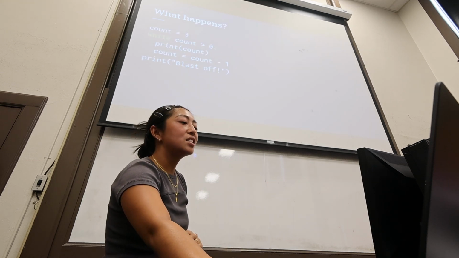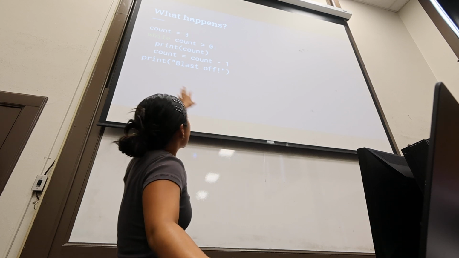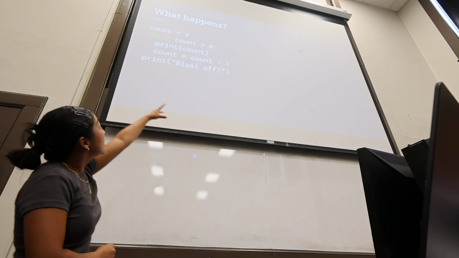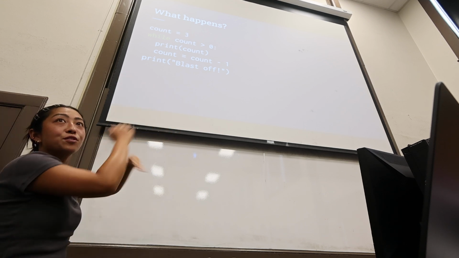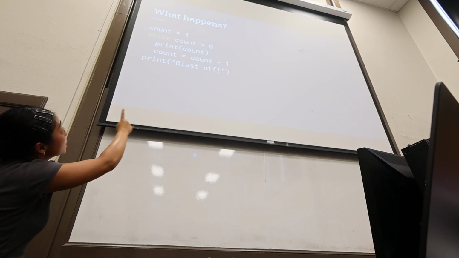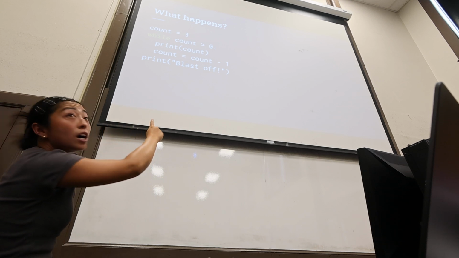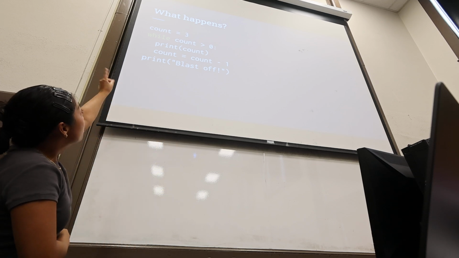Okay. So in this example, what happens? I see my count is equal to 3. And while count is greater than 0, I will do something. And then after that loop, I will do something else. I'll print blast off. So my count is 3. It's greater than 0, so I go into the while loop and run that code inside there. So print count.